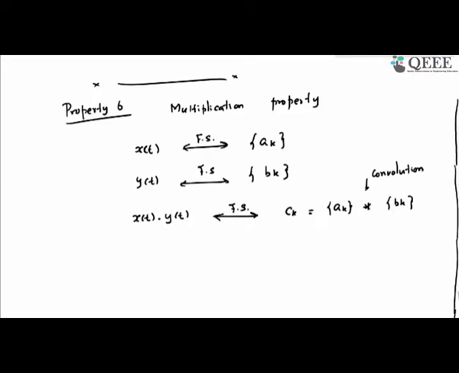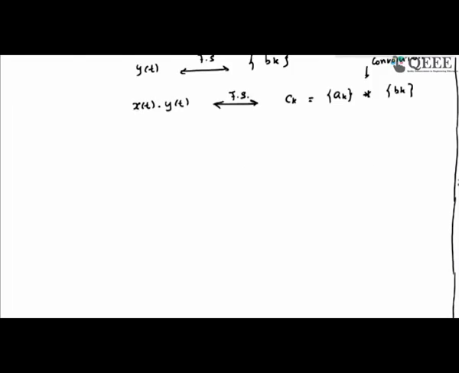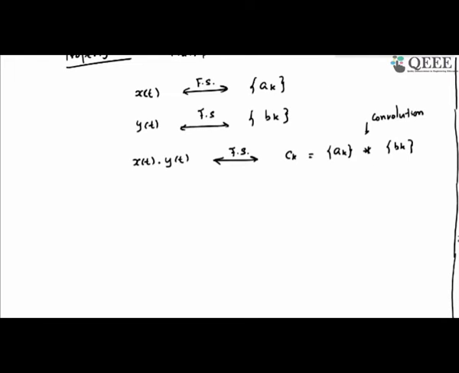Now, x of t is the sum over k of a_k e^(jk omega naught t). Let us say y of t is the sum over k of b_k e^(jk omega naught t).